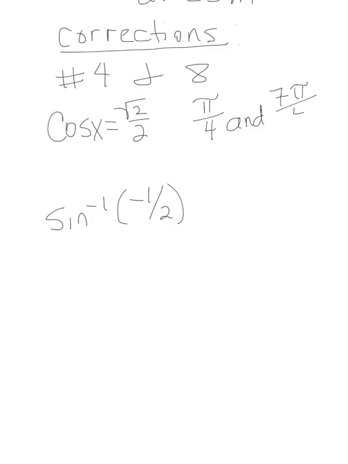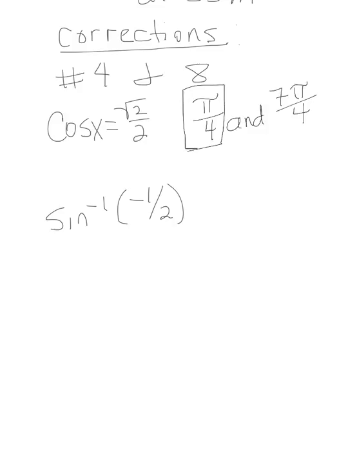All right, so the best choice here for cosine is going to be the pi over 4 choice, since that's in quadrant 1, and since quadrant 4 is where 7 pi over 4 is located, probably best to choose the first angle. All right, for the next one, problem 8, where sine is negative 1/2. Again, I was looking at it backwards or something, but anyway, let's get these angles correct here.